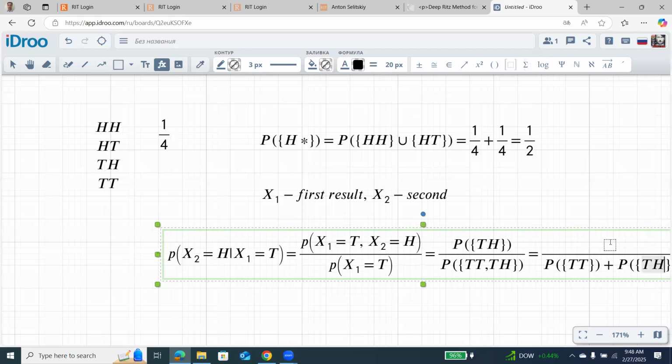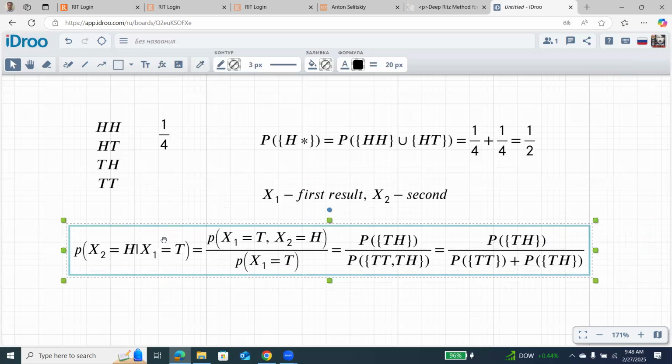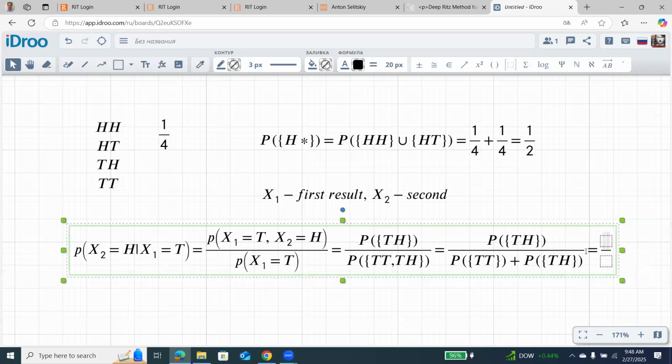Okay, and now let's put the numbers here. What is the value for the numerator? What is the probability of our elementary event tails heads? 1/4. Yeah.